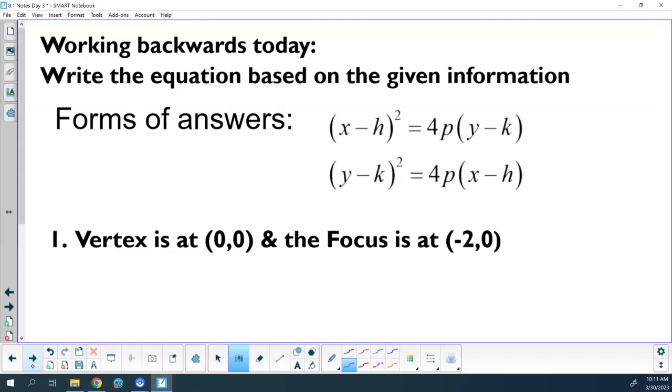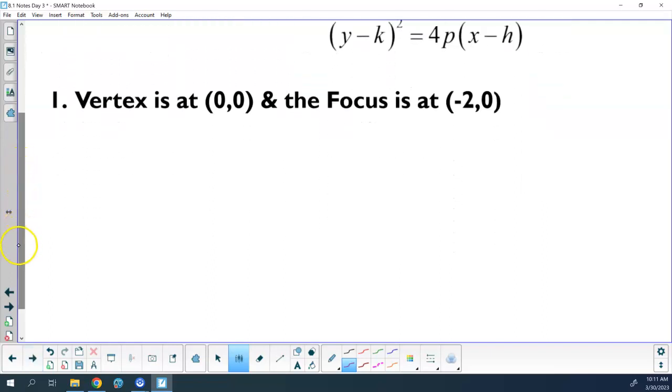So the first one says that the vertex is at the origin, and the focus is at -2, 0. How I would start this one would be, I would just draw myself a little picture. So I've got a vertex here at the origin. I've got a focus over here at -2, 0. What way does this parabola open?